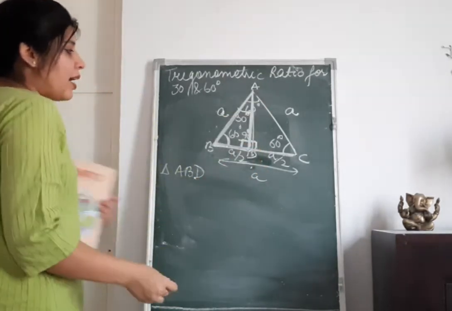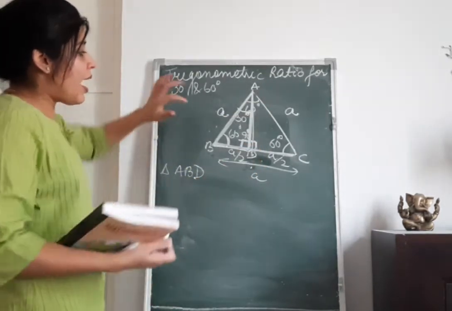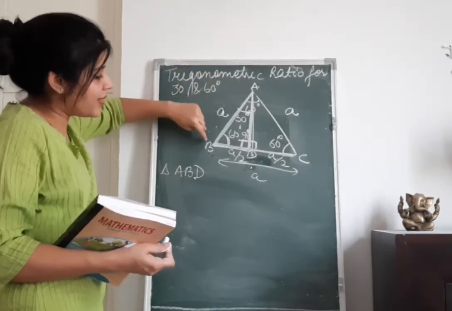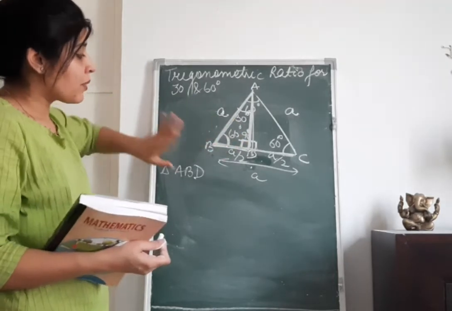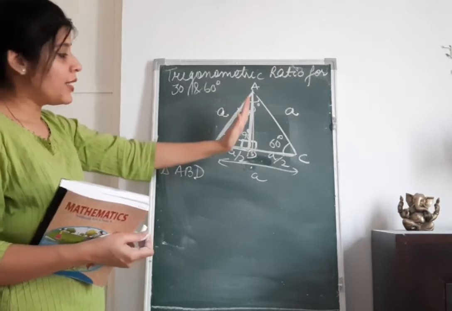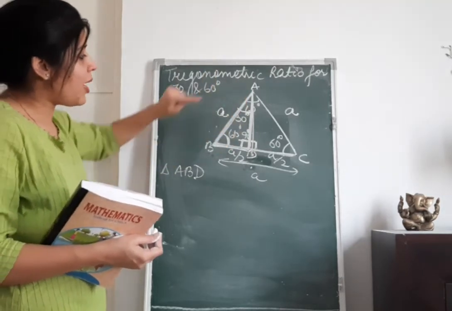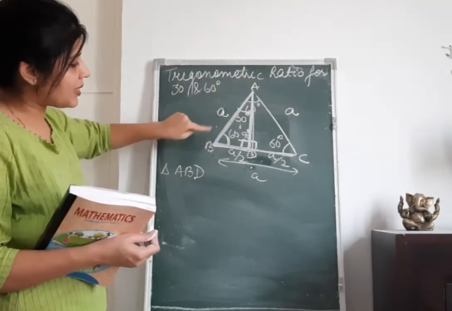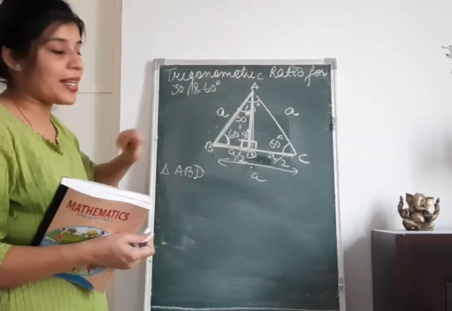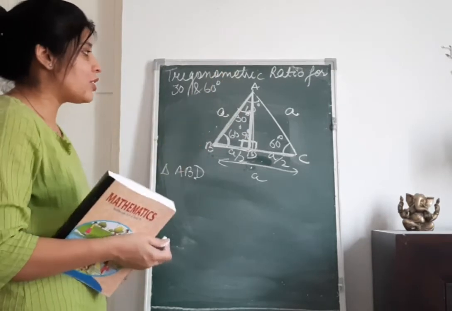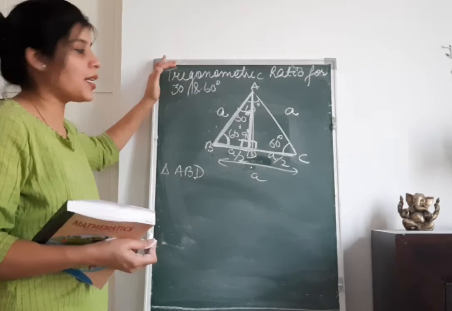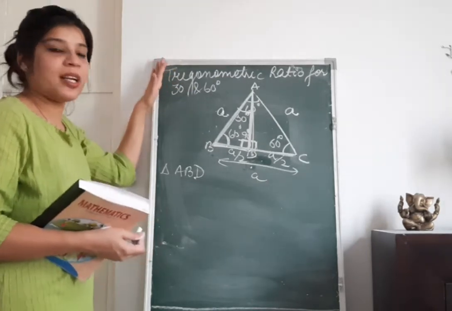I hope you all have understood how I have reached to side AB as A units, BD as A by 2 units, okay, but we still don't know the value of AD, right? We still don't know the value of AD, but we know angle B here is 60 degree, angle ADB is 90 degree and angle BAD is 30 degree. I hope till now everything is clear to you. If it is not clear to you and you have any doubts, please mention it in comment section. I would be happy to clear them.